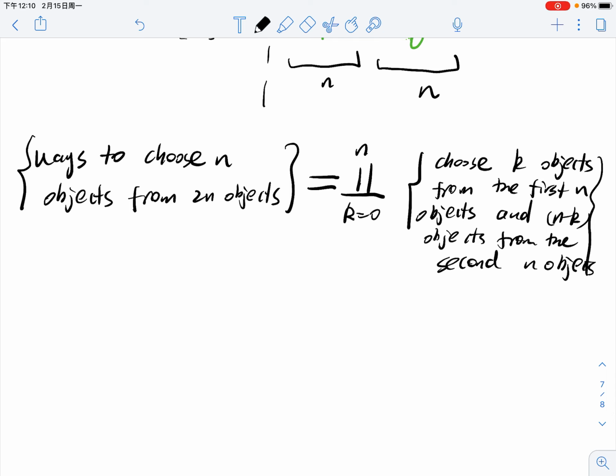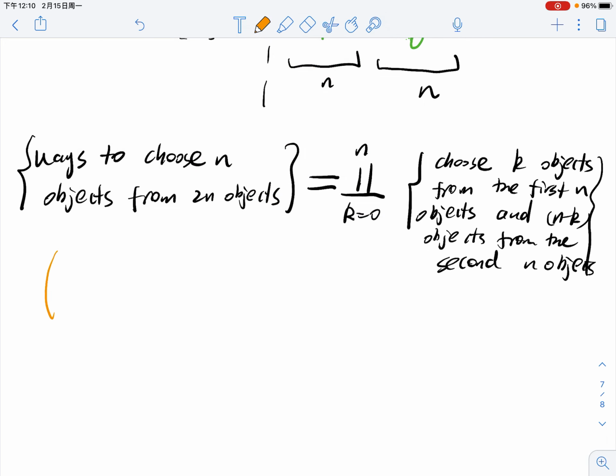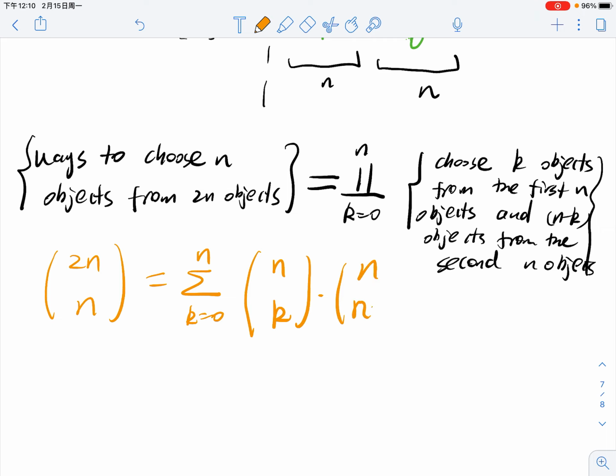Okay, then you just interpret the formula we want to prove as a combinatorial problem. The left-hand side is easily seen to be 2n choose n. And for the right-hand side, because it's a partition, by the addition principle for enumeration, you have the summation for k from 0 to n, and for each small problem, there will be n choose k times n choose n minus k.